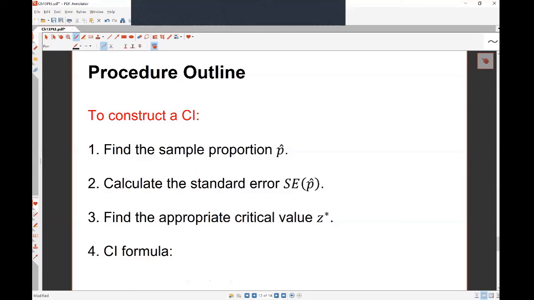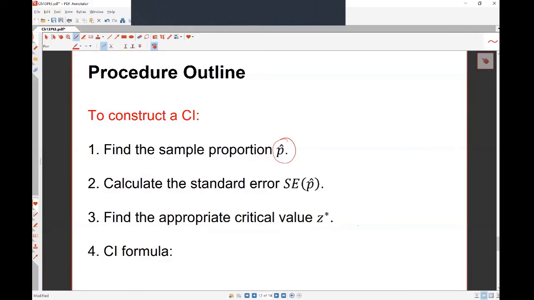You first have to find the sample proportion p hat. So this means in your sample, look at the number of successes, or the number of individuals that satisfy a specific criterion, and express that as a fraction of the total: number of successes divided by sample size. Then we have to calculate the standard error, and I've written that formula down a few times today already.